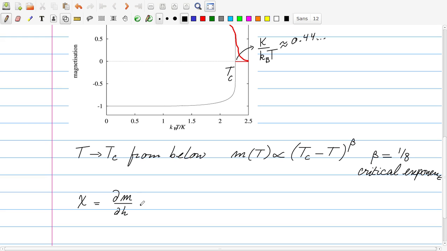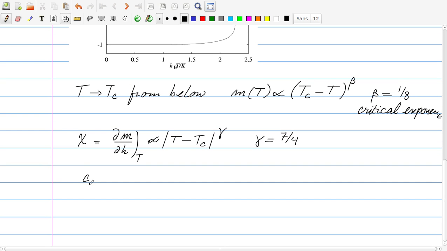But it turns out that when we approach the critical point, this is different. So we calculate this at a particular T, and then it turns out that this behaves as T minus Tc to some power gamma, and this gamma turns out to be 7/4 in the case of the Ising model.